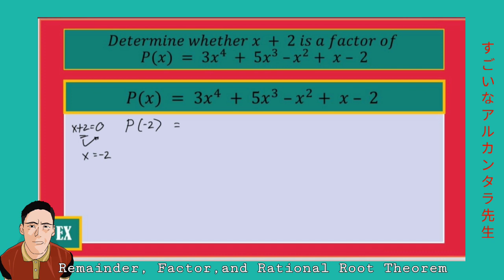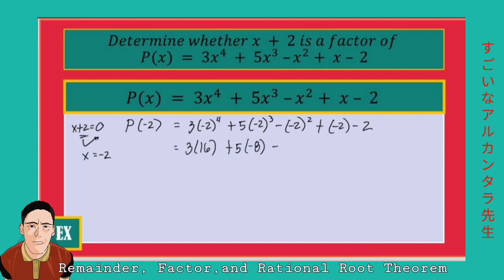You have 3 times negative 2 raised to 4 plus 5 times negative 2 raised to 3 minus negative 2 raised to 2 plus negative 2 minus 2. Again, suggestion, always make sure to put them inside the parentheses. This will be 3 times negative 2 raised to 4 is 16, plus 5 times negative 2 raised to 3 is negative 8, minus negative 2 raised to 2 is positive 4.